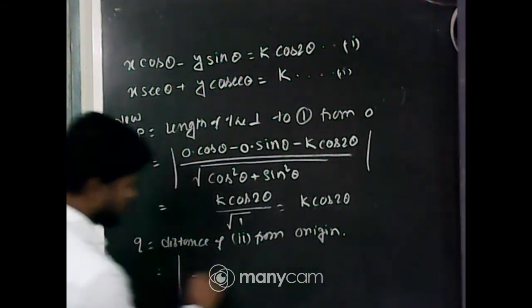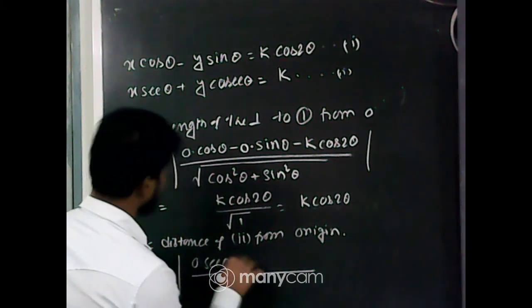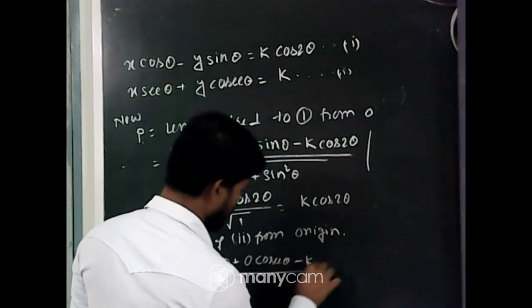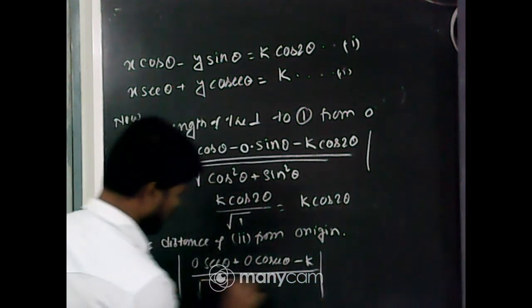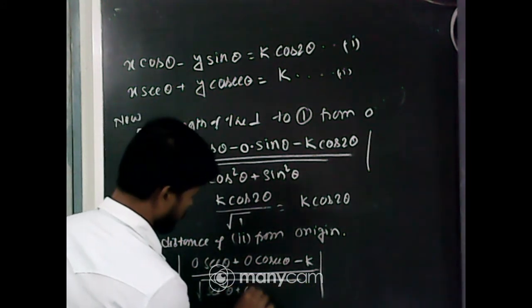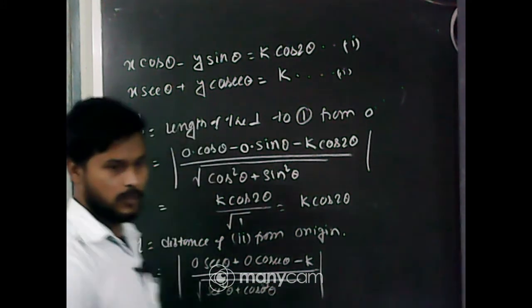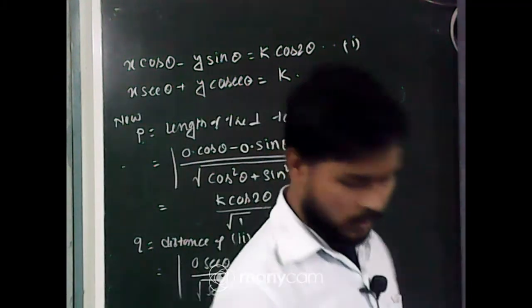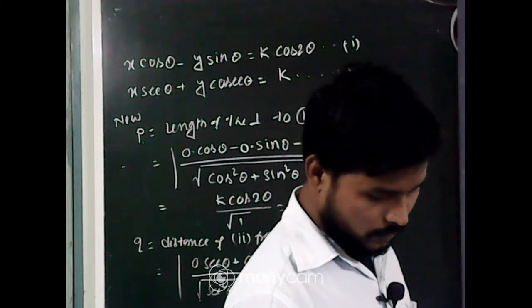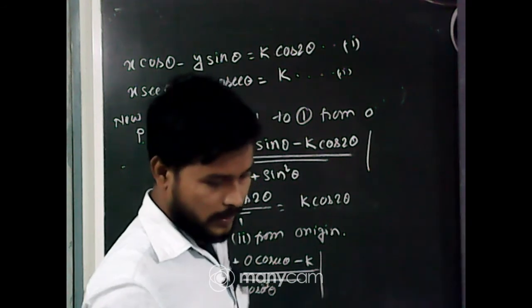So it is modulus of 0 into sec theta plus 0 into cosec theta minus k, by under root of sec square theta plus cosec square theta.